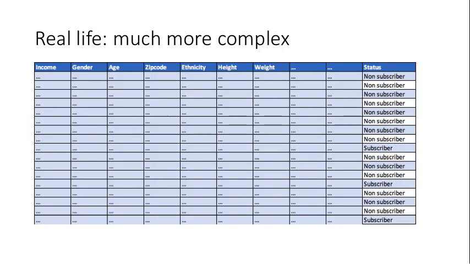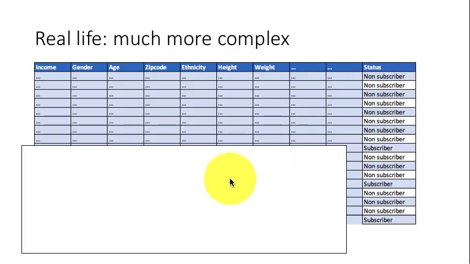Of course, the things that we have looked at so far to motivate our concept of model were very simple scenarios. All we had to do was look at a small set of data, like 10 rows, and make a prediction based simply on the values in one attribute or one column. Real life is not so easy. In the real world, you've got data sets that look more like this: many columns and many rows.